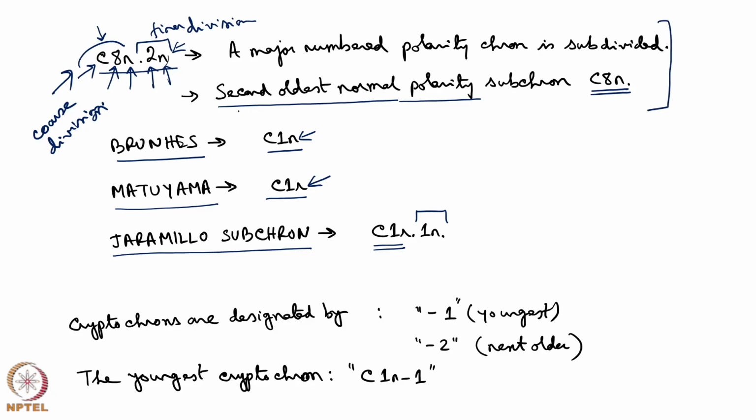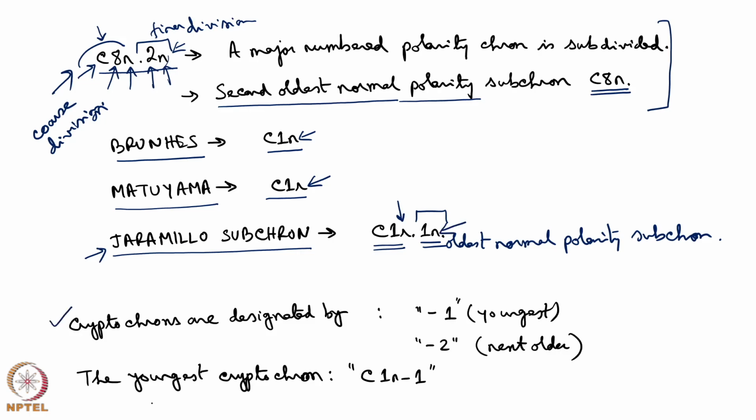That means for 2N it was second oldest, so for 1N it will be the oldest normal polarity subchron, and this C1R dot 1N is called the Jaramillo subchron. Note that within C1R, which is the reverse polarity, there can be finer zones of normal polarity, and that one is presented over here.